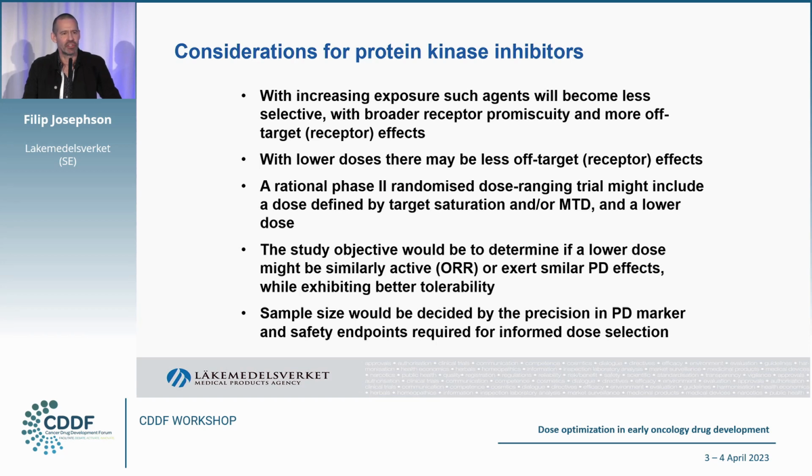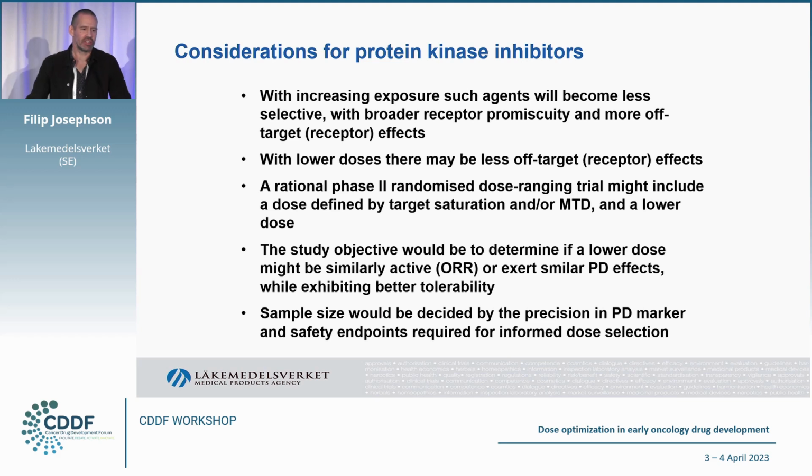And I'm saying receptor here as opposed to off-target tissue effects, which we'll discuss with antibodies. Correspondingly, with lower doses there may be less off-target receptor effect, depending on how the exposure-response curves look for the drug's engagement with different targets.